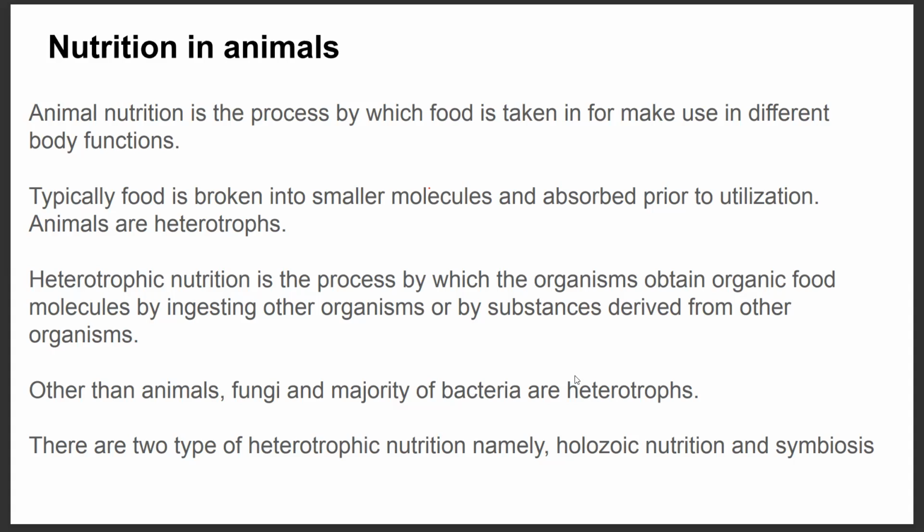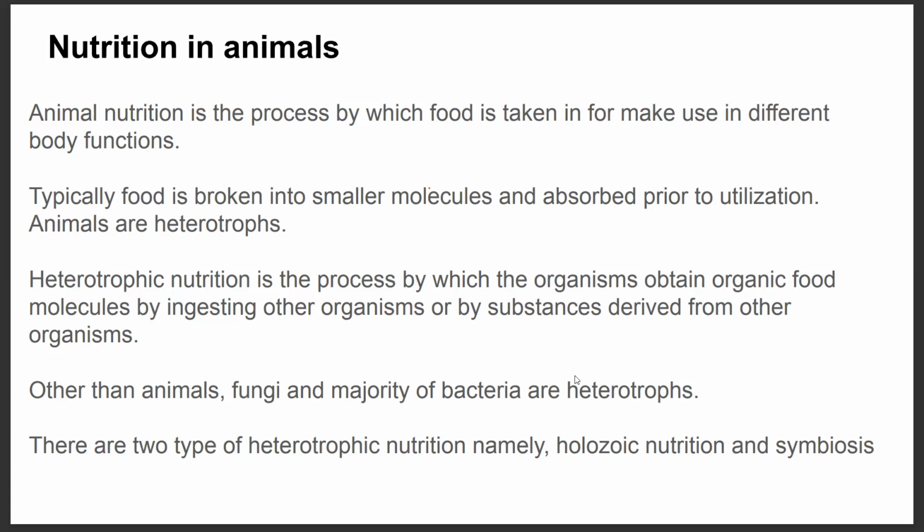So inside our body, whatever we eat, those complex molecules are broken down into smaller and smaller molecules, and those nutrients are absorbed into the cells for different chemical reactions. That is done in our digestive system. Complex food molecules are broken down into smaller molecules and absorbed for utilization.